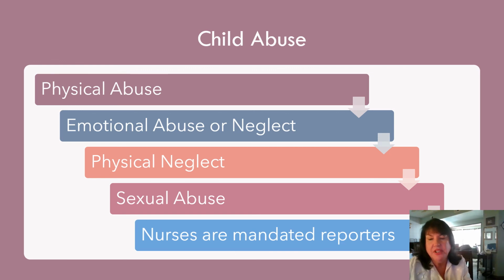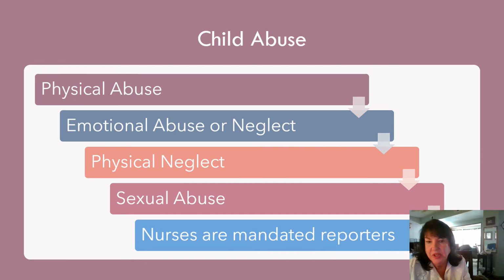So it can be different types of abuse that we can be concerned with. So physical abuse, emotional abuse or neglect, real physical neglect. Some children, their needs for nutrition, for instance, needs for supervision aren't met. You could call that a physical neglect.